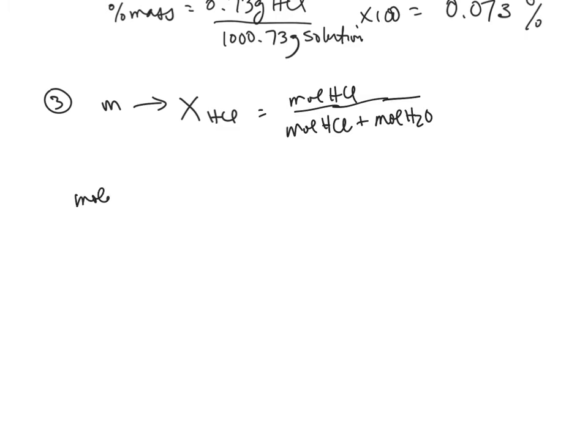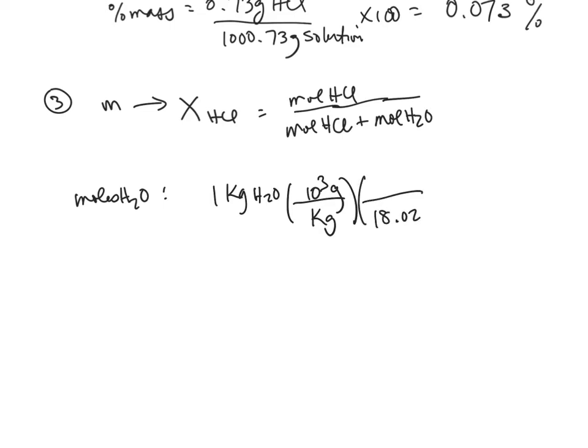So here you want to get moles water. And so we do 1 kilogram of water. Go from kilograms to grams. Then you got grams, you want to go to moles. So 18.02 grams per mole for H2O.